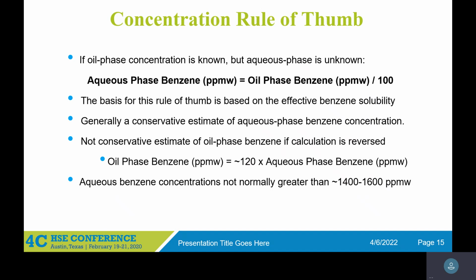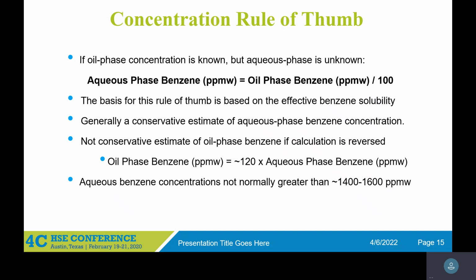Does that make sense? Now, the other way around, like a product tank water here. Exactly. The other way around, if you do not have the oil benzene concentration, because it's like 99% water, 1% oil, and you can't extract that layer, you can do it 120, 125 times the aqueous benzene concentration.